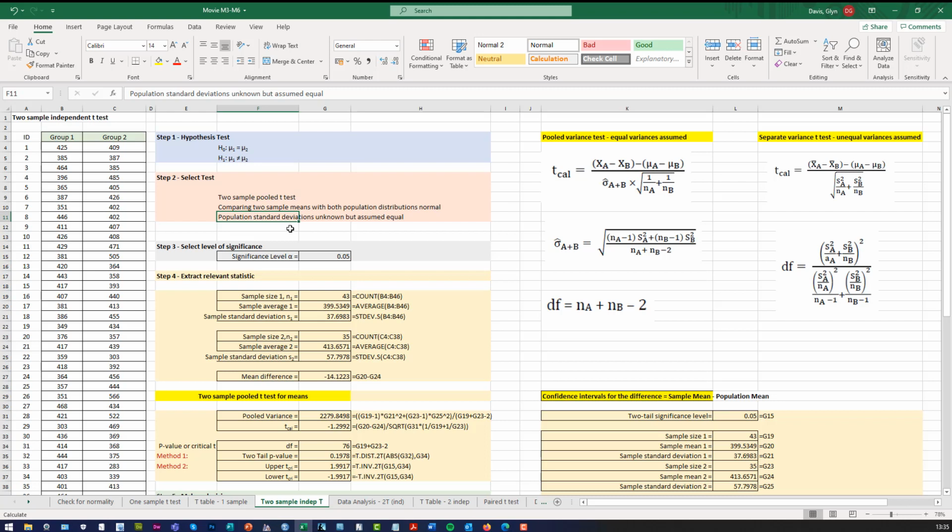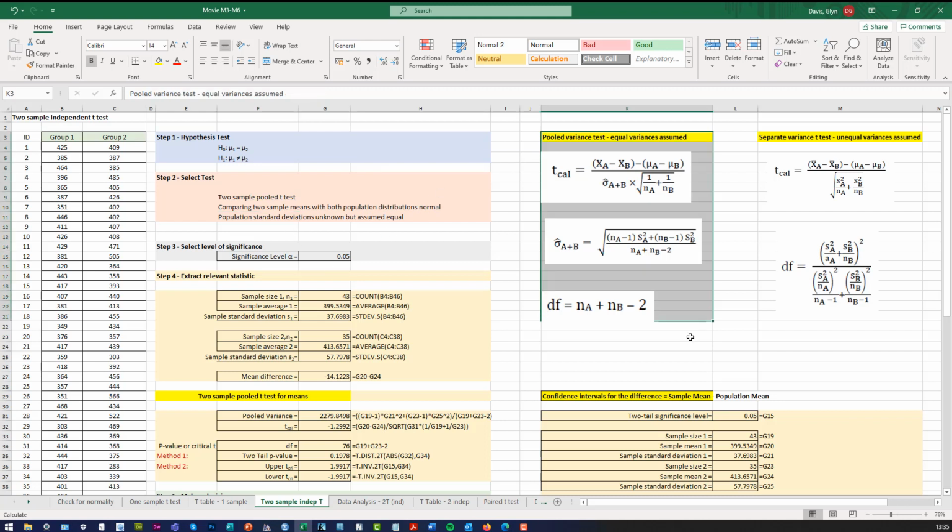But first we'll look at it where the population standard deviations are assumed equal. You'll see on the right hand side the equations that we use. For equal variances, we've got the t-test equation, the pooled standard deviation, and the degrees of freedom.